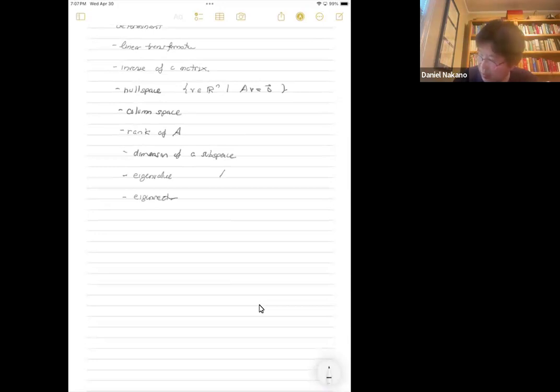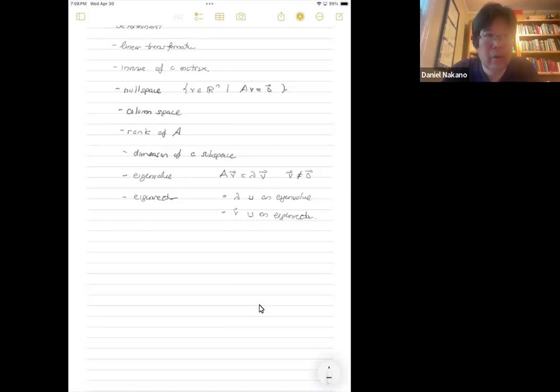So the idea is if you have A times V is equal to lambda times V, where V is not equal to zero, then lambda is an eigenvalue and V is an eigenvector. All right. Now, let me just pause for a second. Are there any questions on these definitions?